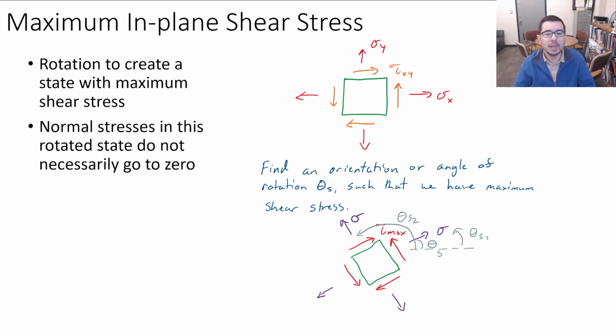It's not always super important to know which is the theta s1 orientation and which is theta s2. What we need to realize is that they're 90 degrees from each other, and that they both correspond to a state of maximum in-plane shear stress.